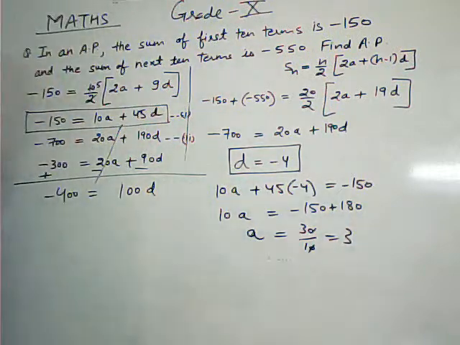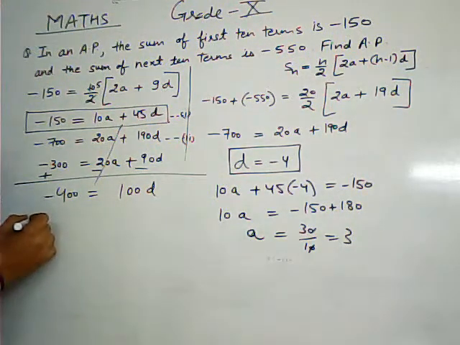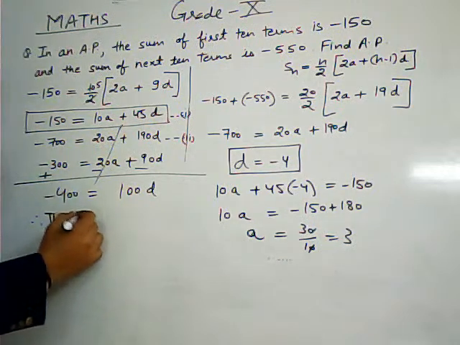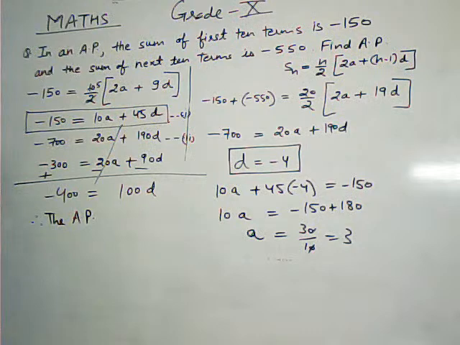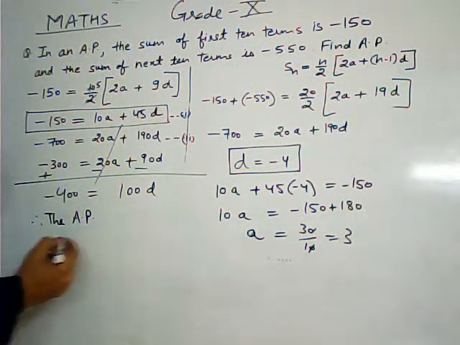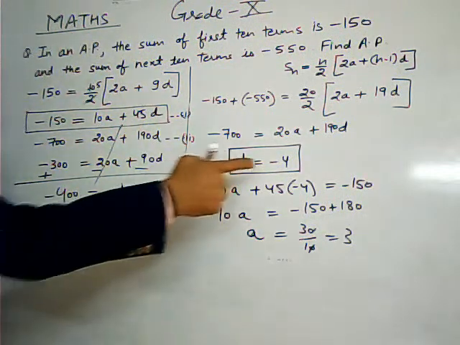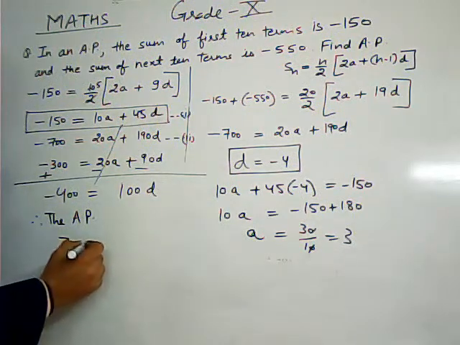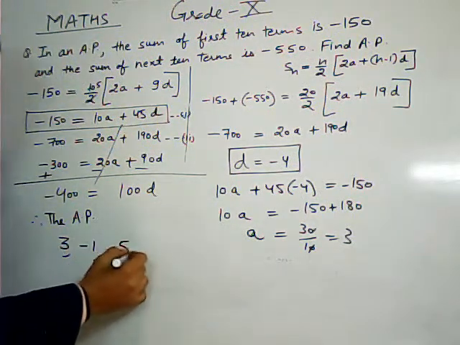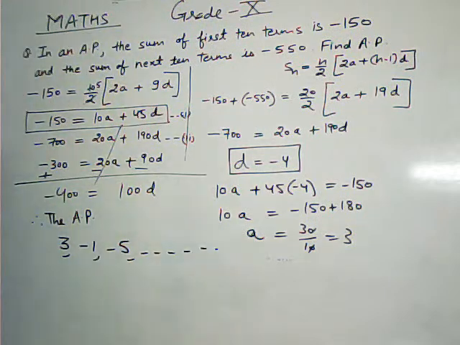So the required AP starts with 3, then 3 minus 4 is minus 1, then minus 5, and so on.